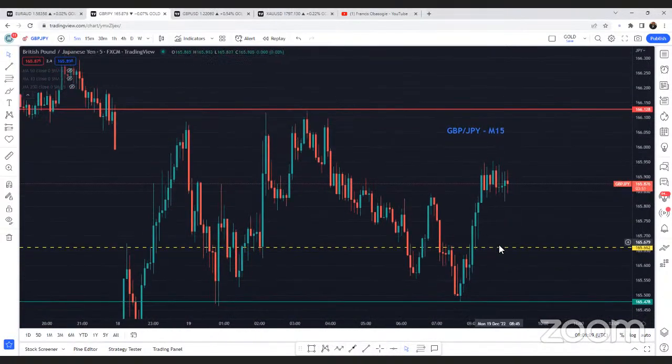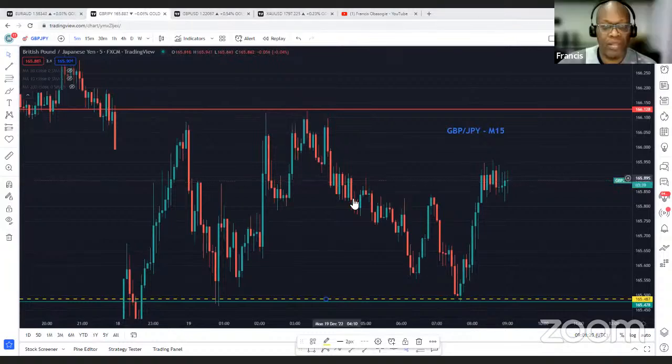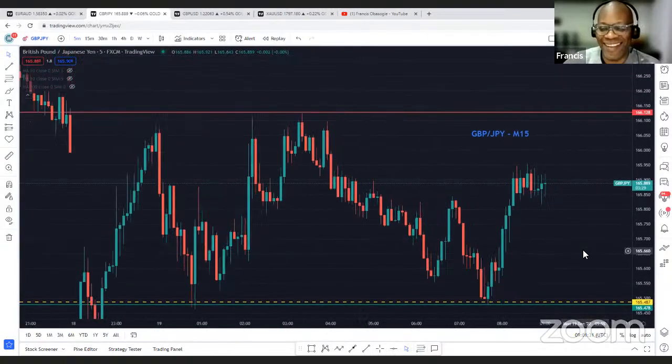So what you basically see on this chart now, that look like candlesticks, that's what they are called. Okay, let me put on my webcam. So basically what you see on the chart here now is what we call candlesticks or candles. They look like birthday candles for your cake, don't they?